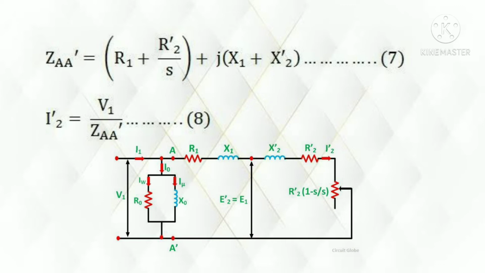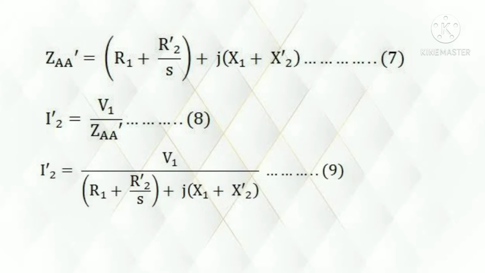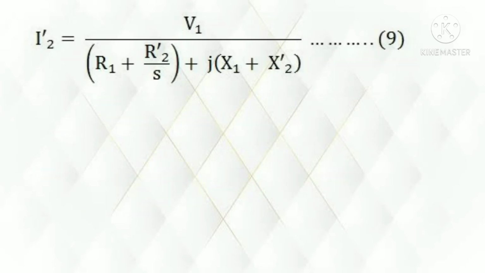Putting the value of Z, we get the equation of I2 dash equal to this one. In the equation of I2 dash, we find there is a j, so I2 dash is a complex quantity.